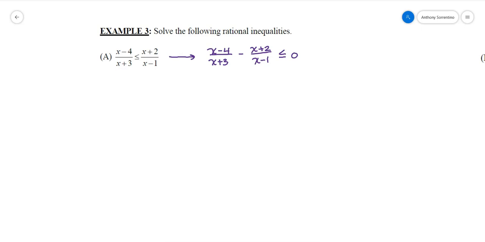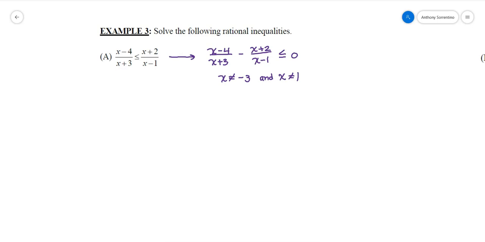What I am going to notice with this inequality, either the original or this one here, is that x cannot equal negative 3, and x cannot equal 1. Those would cause the denominators to be 0, and that means that part of this inequality wouldn't exist.